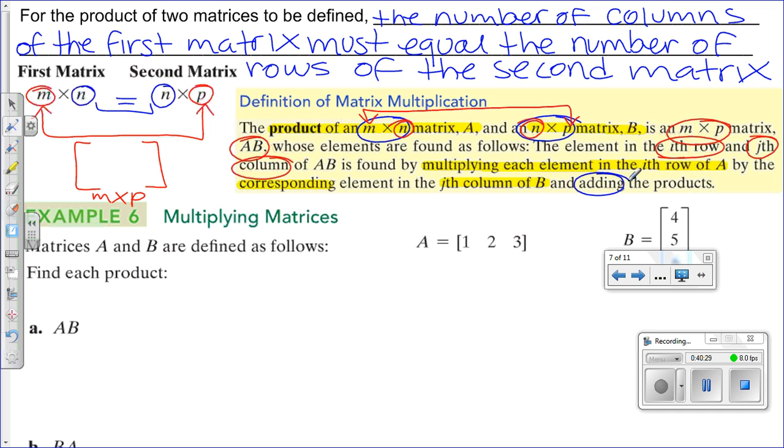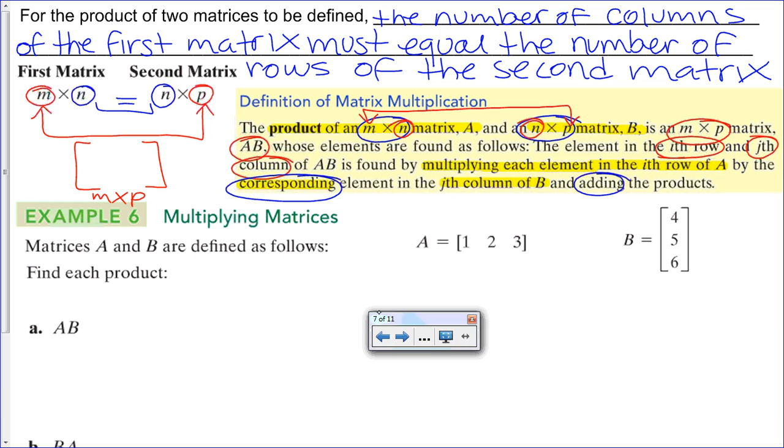So when we say corresponding, we could use this example. Here, 1 is the first element of the first row. So that will be multiplied by the first element of the first column.